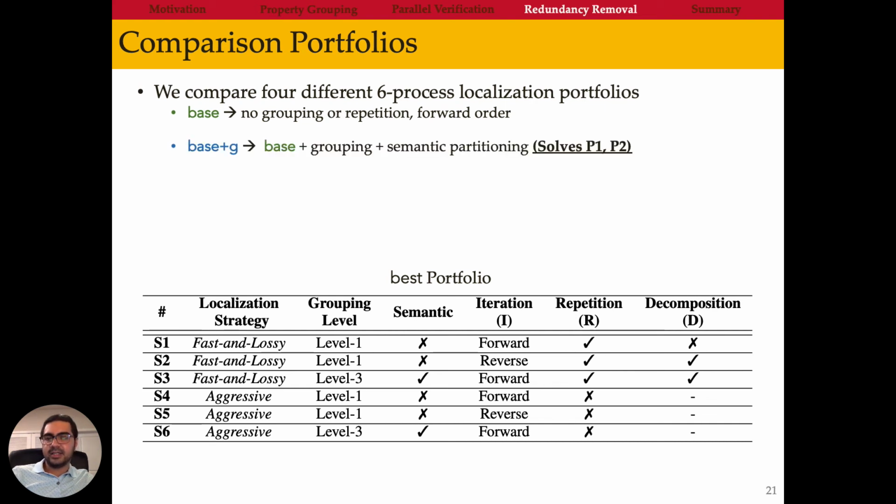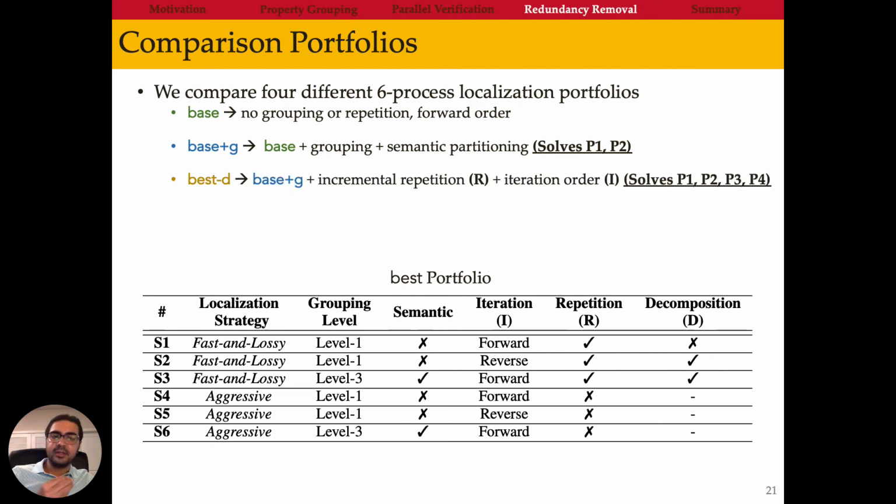The next is base plus G, that extends the base portfolio by adding property grouping and semantic partitioning and solves the parallel verification problems of underutilized and idle resources. The base plus G portfolio represents a state-of-the-art localization portfolio with grouping.